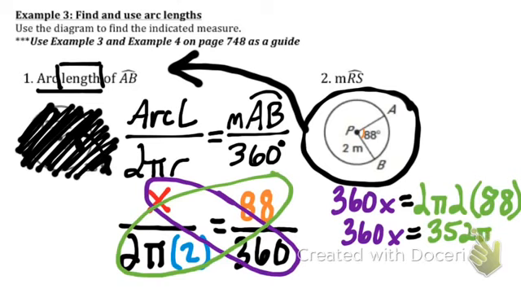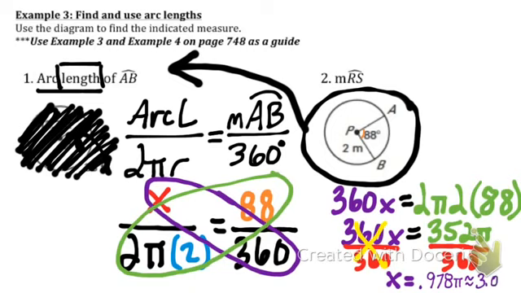I'm still giving my exact answer. Now I'm going to solve for x, which represents the arc length. I'm going to divide both sides by 360, which cancels out my 360, so I'm just left with x. Then x would be equal to 0.978 pi. That would be an exact answer. If I had an approximation, it would be about 3.07 meters.